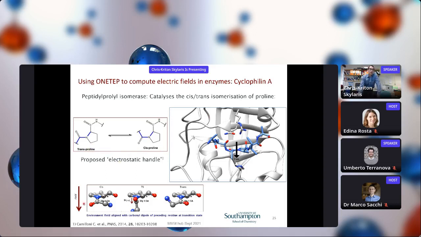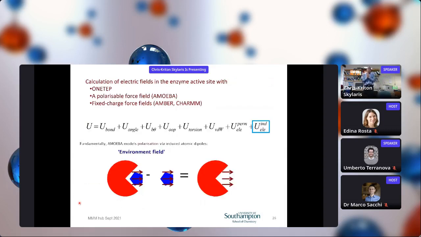This is supposed to happen, experimentally they think, via alignment of the carbon monoxide dipole moment with the electric field inside the protein. And what we did here was to use DFT as a reference, and compare a polarizable force field with a couple of fixed charge force fields.